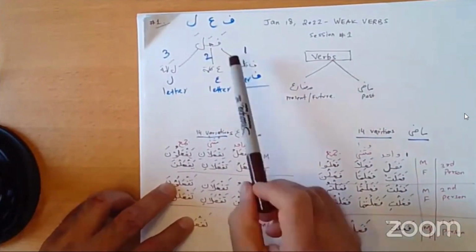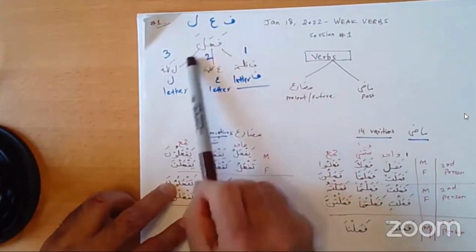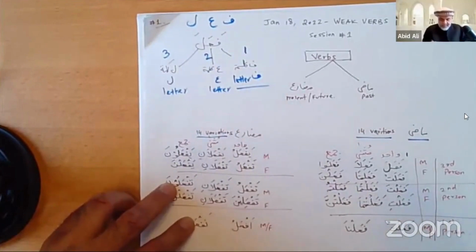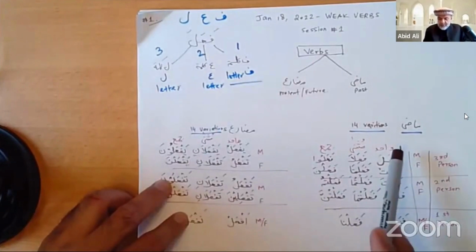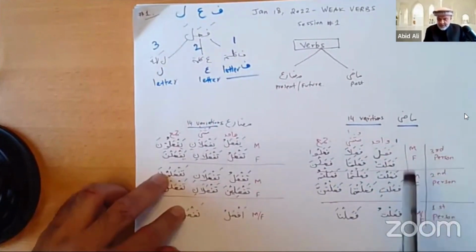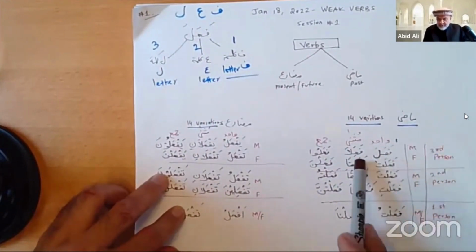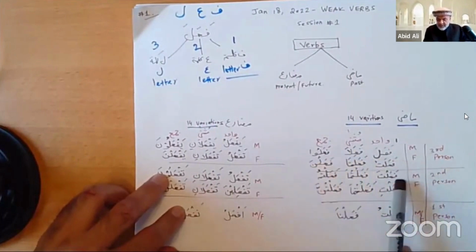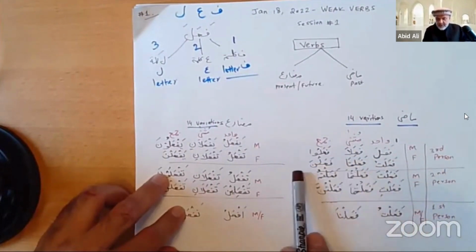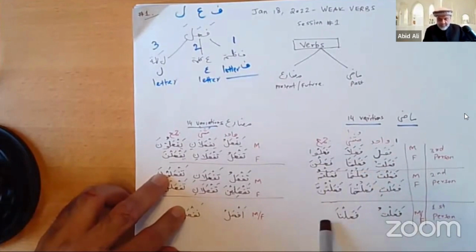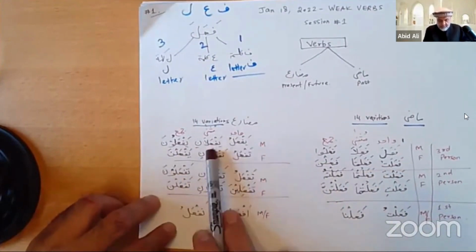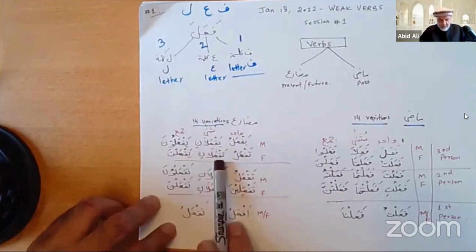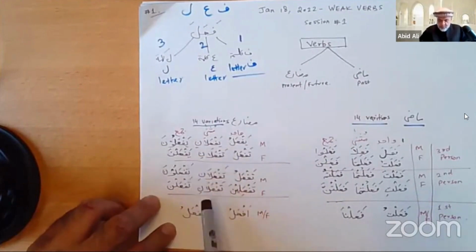So this is the Fa kalima, this is the Ain kalima, this is the Lam kalima. And with these three root letters, we are given families. The Madi is Fa'ala, Fa'alu, Fa'alat, Fa'alata, Fa'alna, and you can go up to 14. The Mudare is Yaf'alu, Yaf'alani, Yaf'aluna, Taf'alu, Taf'alani, Yaf'alna.